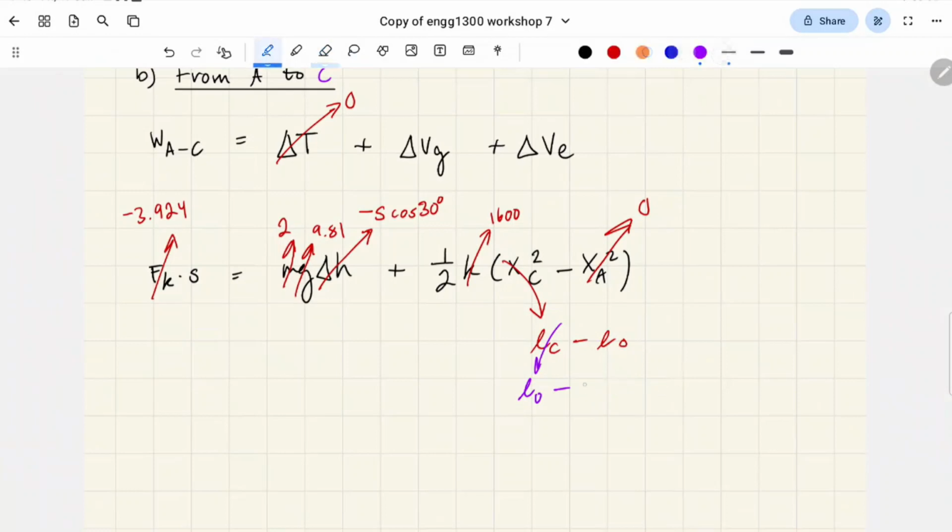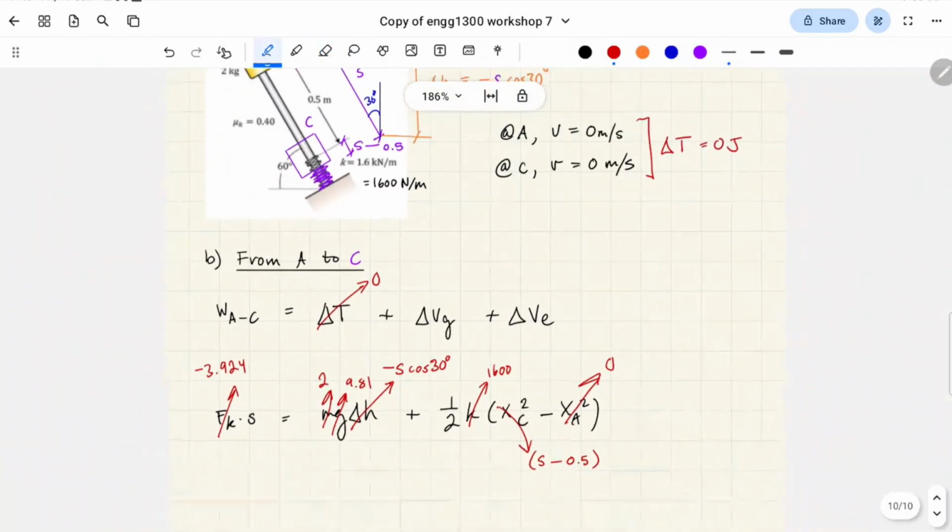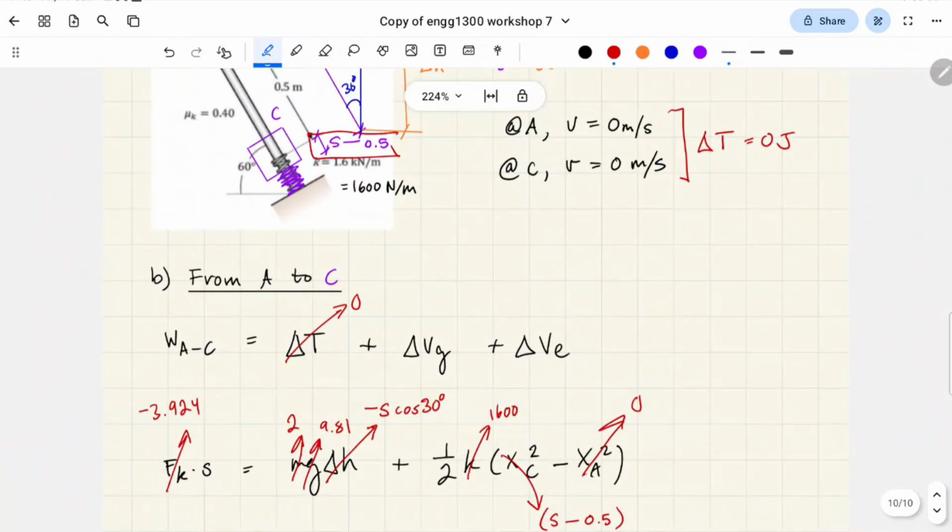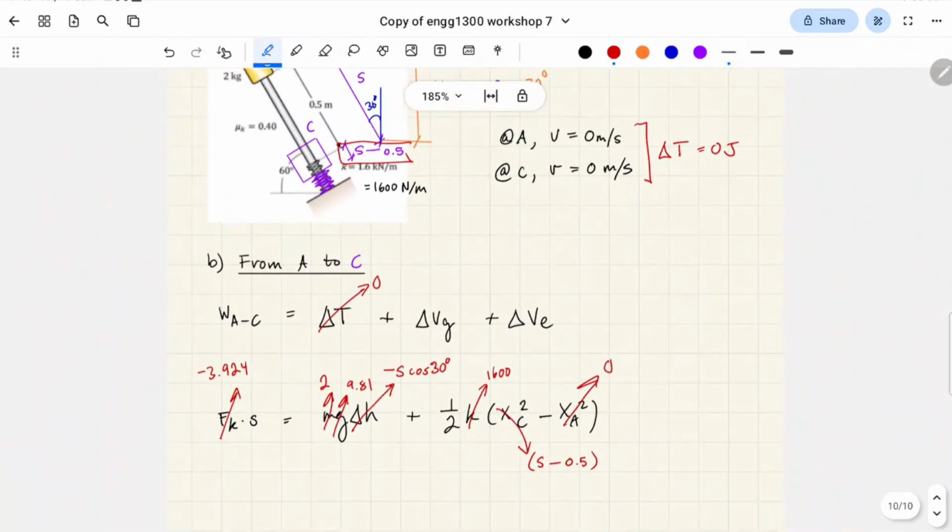Max compression would be delta X, but we call delta X this, so that's a very long-winded way of saying just cancel these out. And you'll find that this is equal to S minus 0.5. Let me show that geometrically. That's this here, that's the max compression.